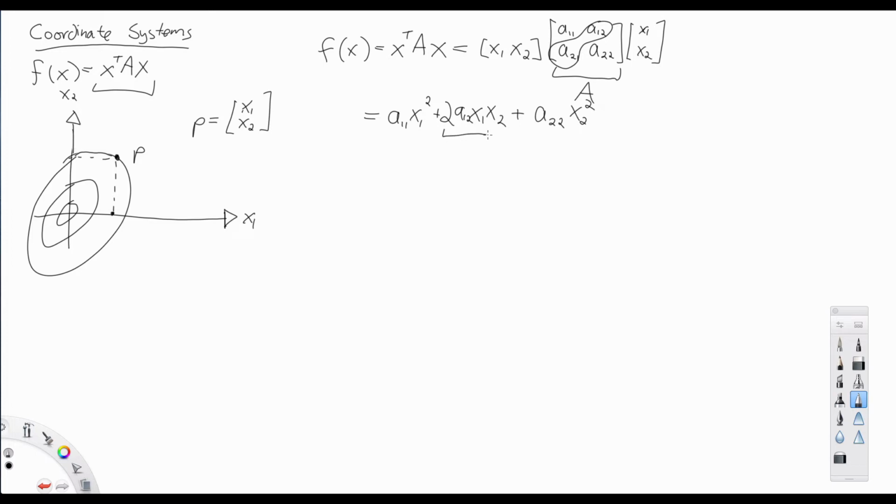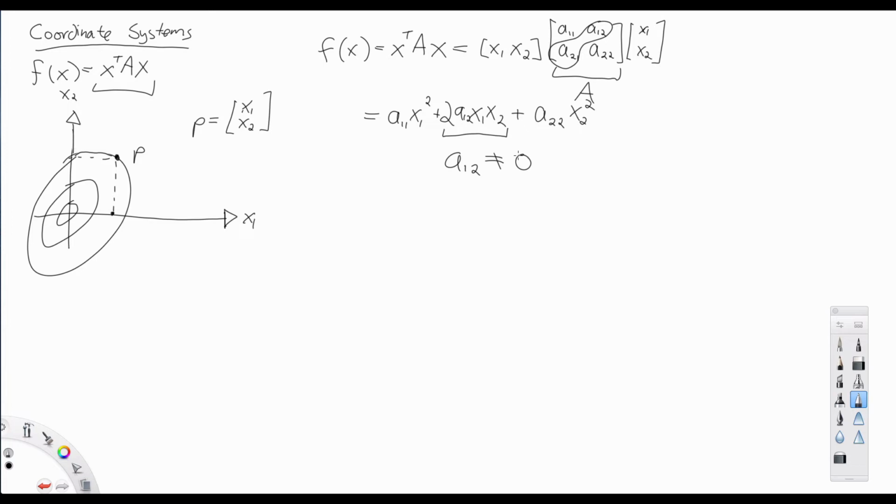Now, this term actually produces some interesting effects. This is the cross term. It's because of this cross term that we get what we call correlation. If a12 or a21 is not equal to 0, then we get this behavior where x1 and x2 are correlated.